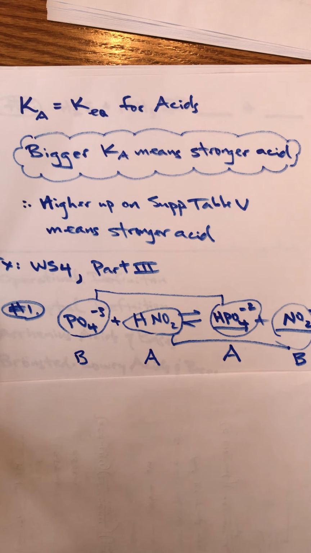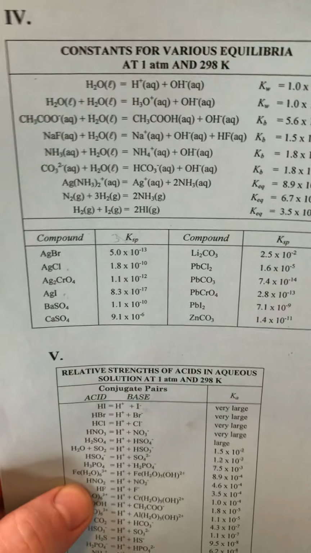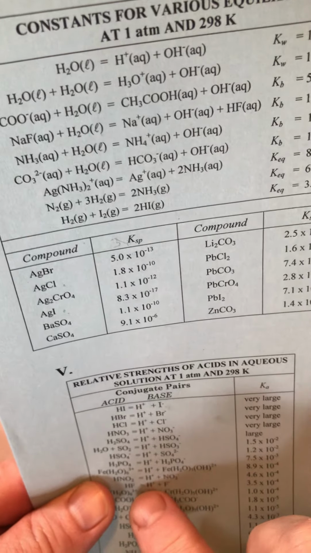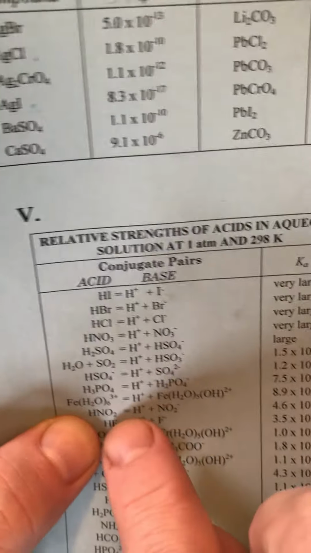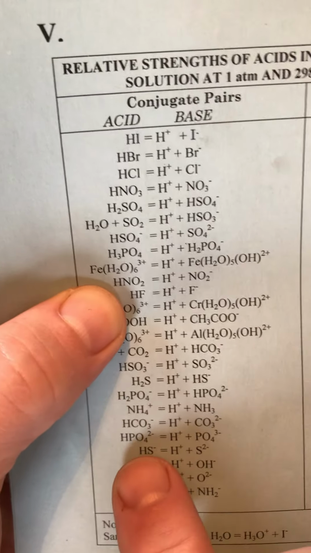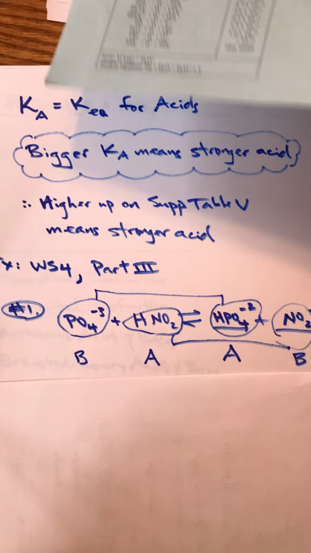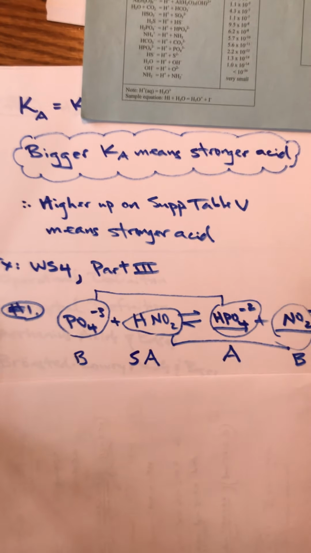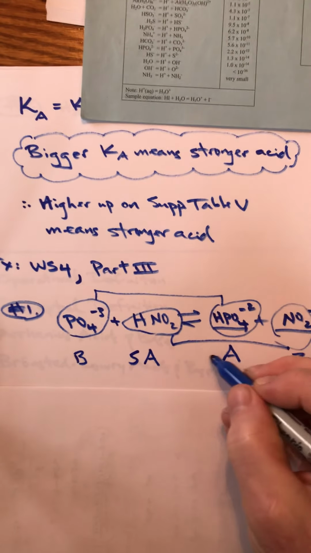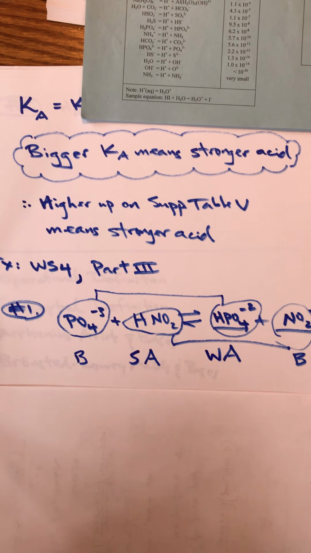And HPO4 negative 2 is way down here. So HNO2 is a lot higher than HPO4 negative 2. HNO2 is described as the stronger acid. HPO4 negative 2 is described as the weaker acid.